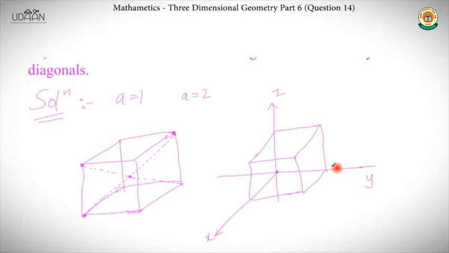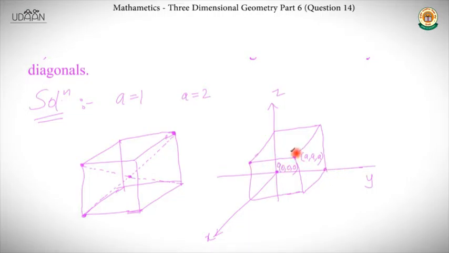We'll consider two body diagonals, one of which has one vertex as the origin. So this is 0, 0, 0, and this end is a, a, a, because it is a units from all 3 axes. Another we'll consider is this point and this point.